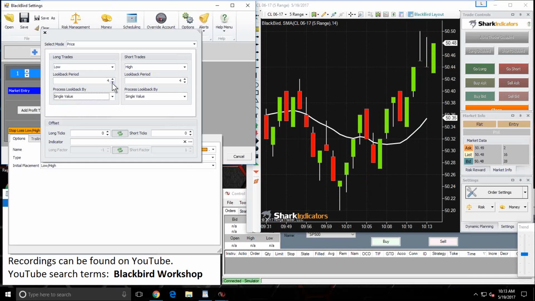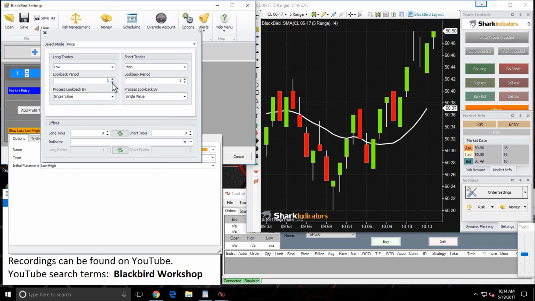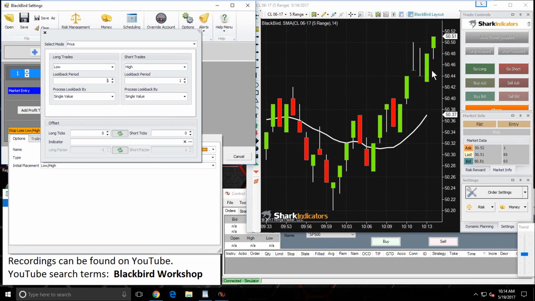All right, so let me take a look at the board here. So we have a look back period of 1. All right, yeah, so Bob, if you're wanting to use, for example, the lowest low of the last 3 bars, then you want your process to be using the minimum value. So let's look at our chart right now.